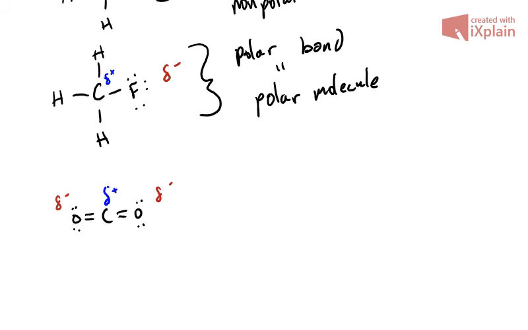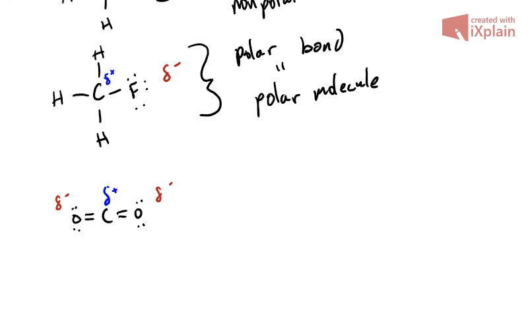Even though these are polar bonds, the shape does not lend itself to a polar molecule because if I approach it from opposite sides, I have a negative over here and a negative over here. That's not two different charges, it's the same charge. If I approach it from this side, I get an amalgamation of positive and negative, a mixture of positive and negative. It's not going to be one or the other, right?